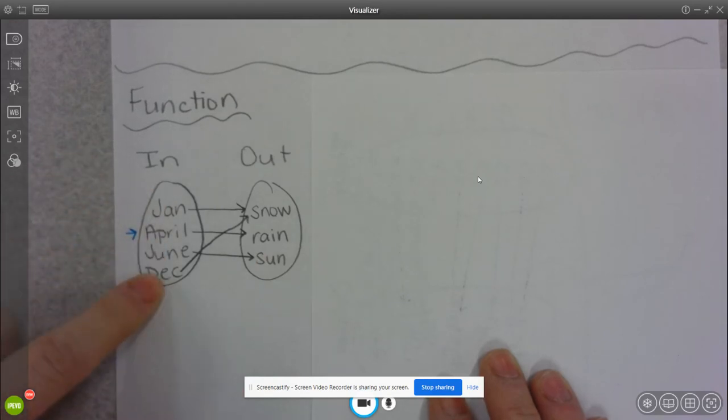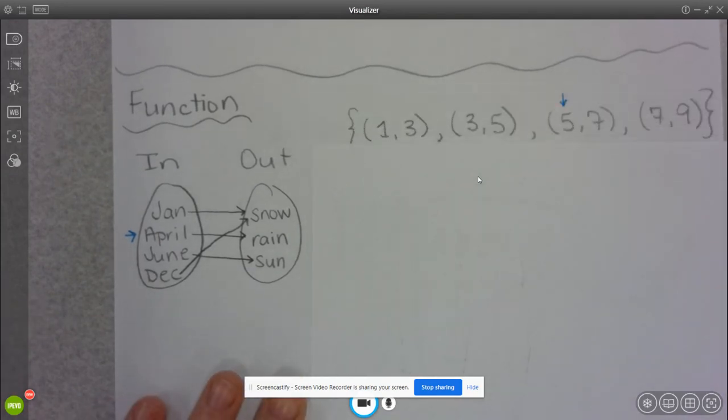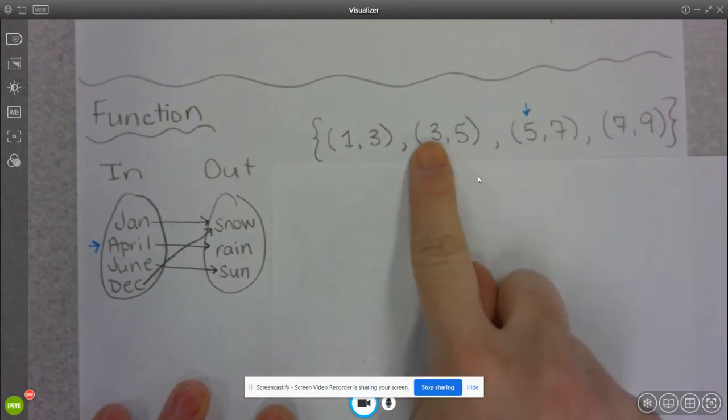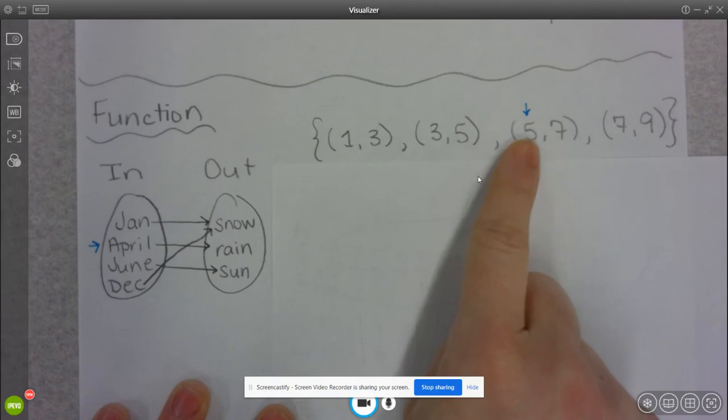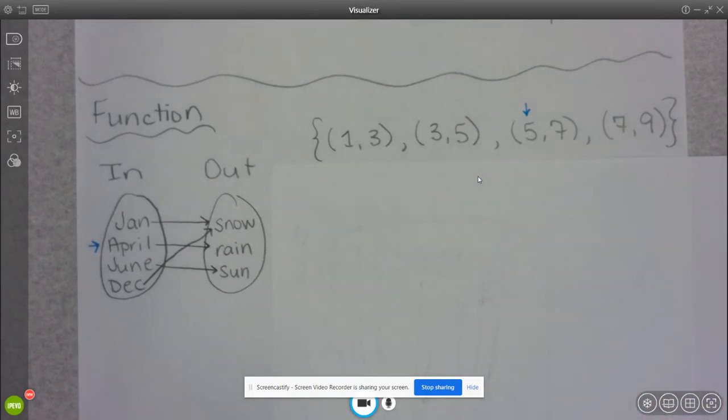Each month here in my input only has one arrow connecting it to an output. That's good now. It is a function. Coming back to my list, so I had two 3s here. I changed that second 3 to a 5. Now my inputs are 1, 3, 5, 7. We're all good. Now it is a function.